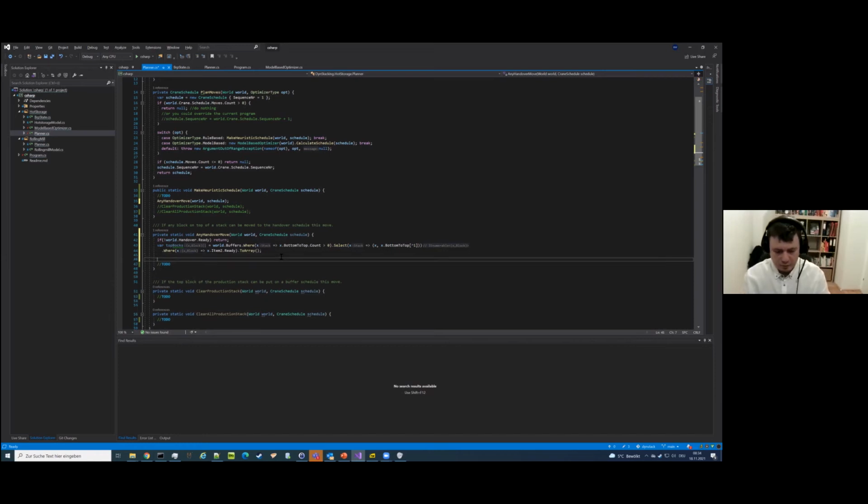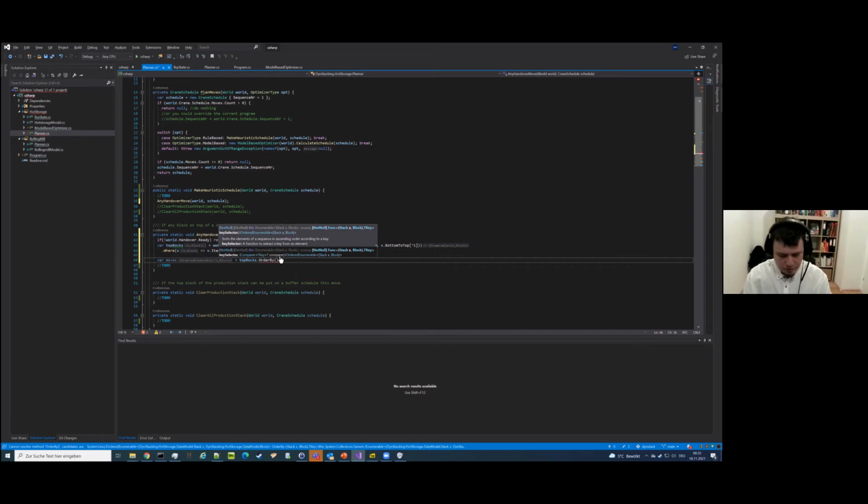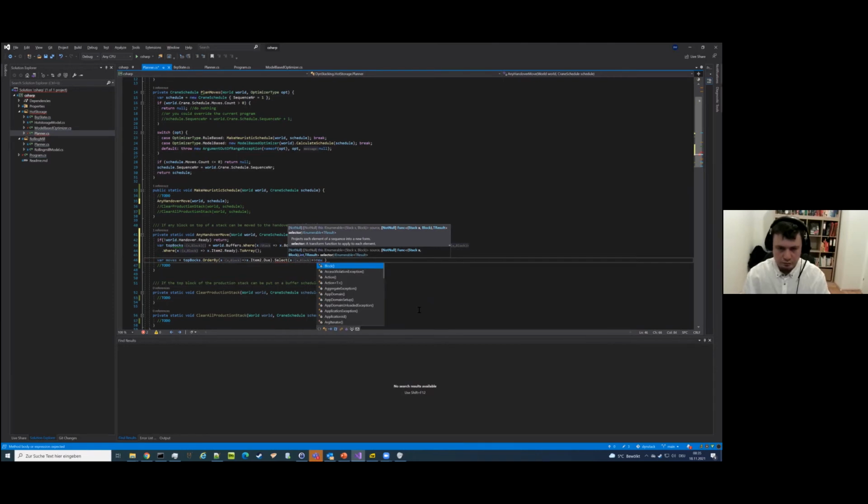I hope it is okay with you that from an intuitive point of view, I would like to move the block with the lowest due date to the handover first, because if possible, I do not want to incur due date violation penalties. So I order my blocks by due date. I create for every block a new crane move.